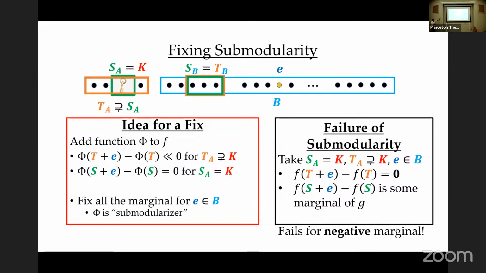Okay, so again, f, which is the key function, adding an element to f does not change the marginal, but phi will be so negative that I will have submodularity, right? So on the set S which matches with the key, f(S plus e) minus f(S) is the marginal on that box. But when I don't pick the key, the submodularizer gives you a negative margin. And that negative marginal, if you design this correctly, will always be smaller than this. That's the idea.